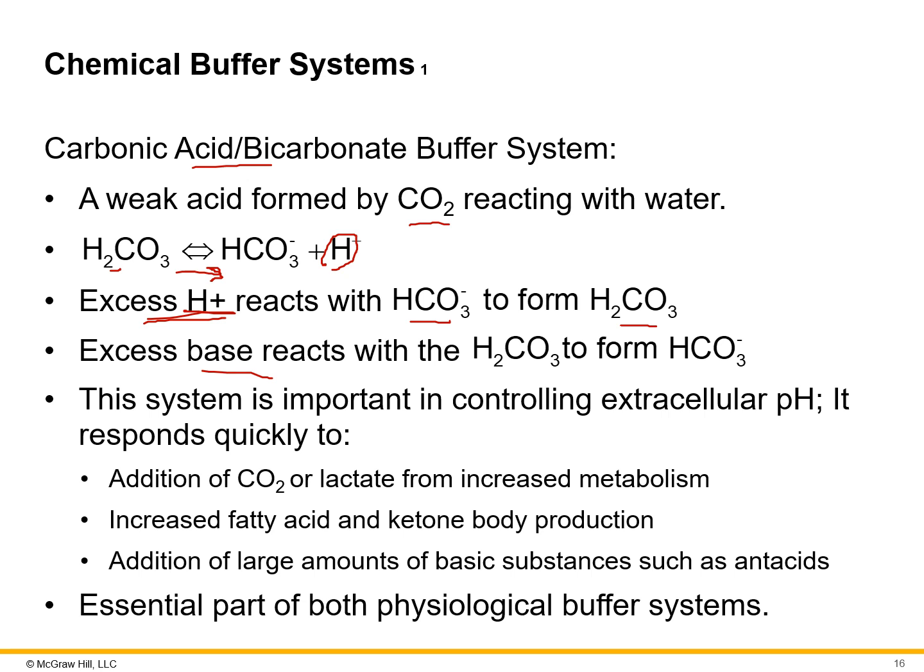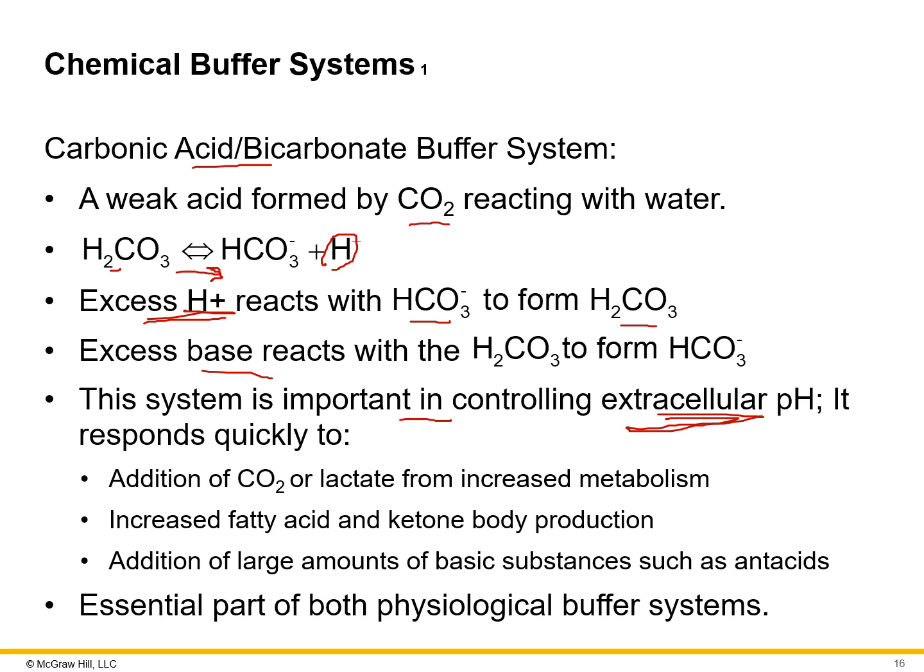That'll put the hydrogen ion concentration back to normal. So again, this reaction can go in either direction depending on whether we need to release hydrogen or absorb the hydrogen. This system is really important for extracellular pH, so hydrogen ion concentration outside of the cells.